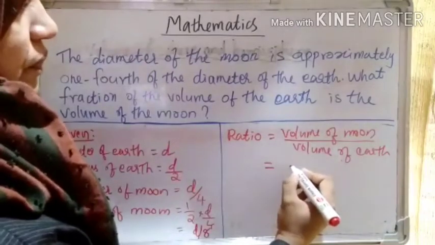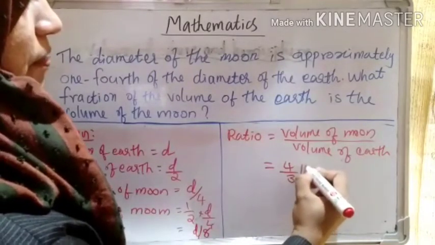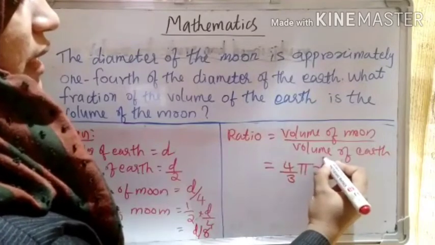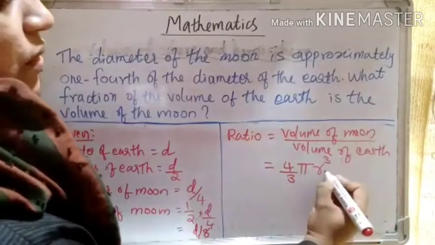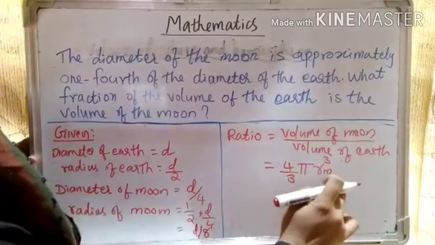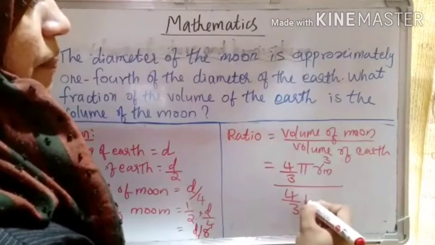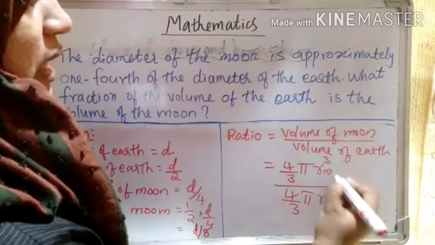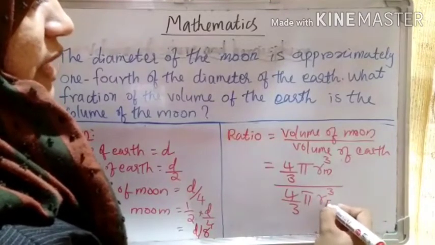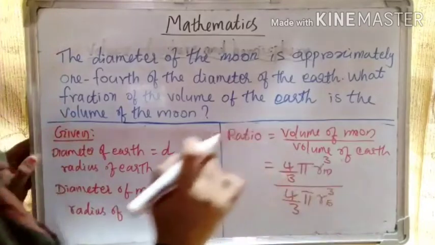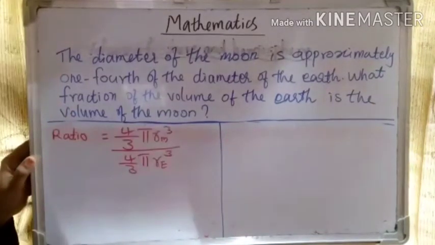So 4 by 3 pi r cube, radius of moon, divided by 4 by 3 pi r cube, radius of earth.